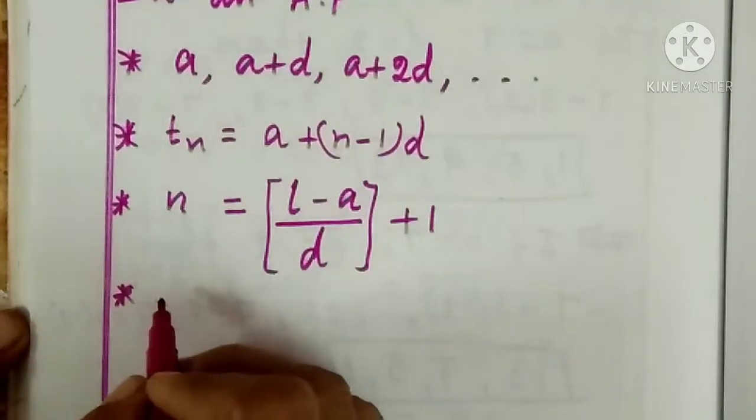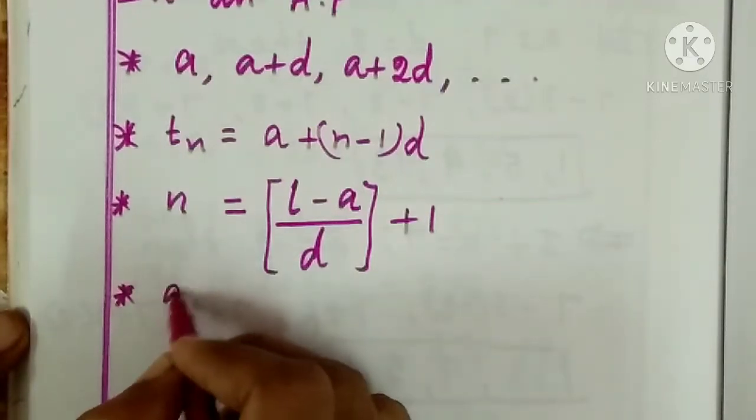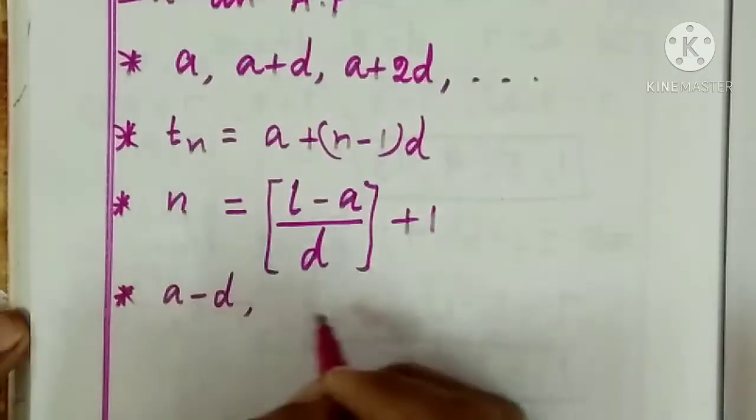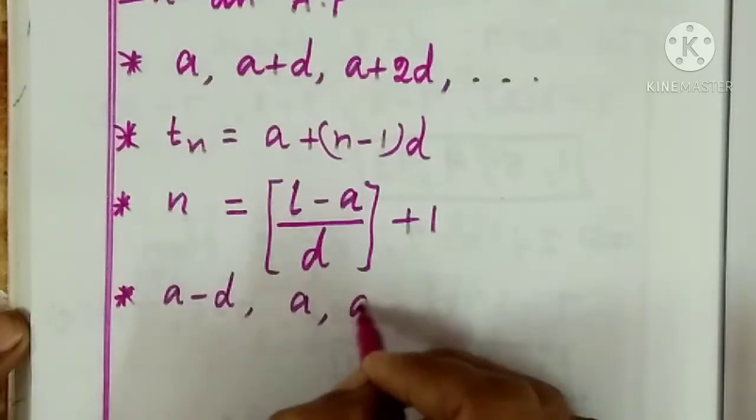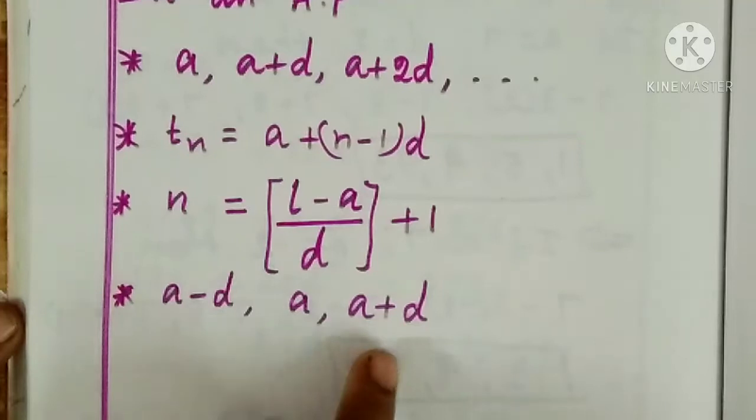The three consecutive terms of an AP are a minus d, a, a plus d. Here the common difference is d.